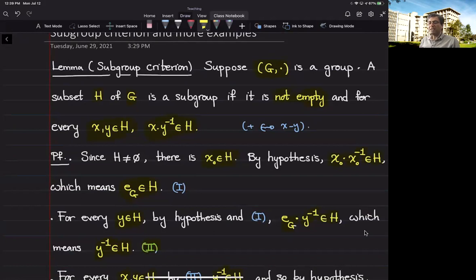We are going to show that if I start with a subgroup, then for every pair x and y inside the subgroup, x dot y inverse is inside H, the neutral element is inside H, x dot y is inside H, and these types of things. x dot y is of course clear, but these are the statements that we are going to discuss.